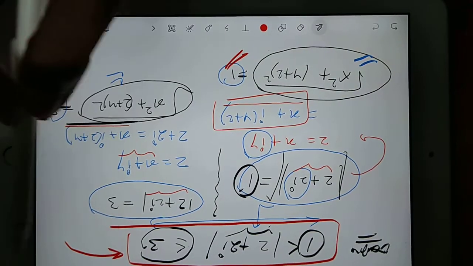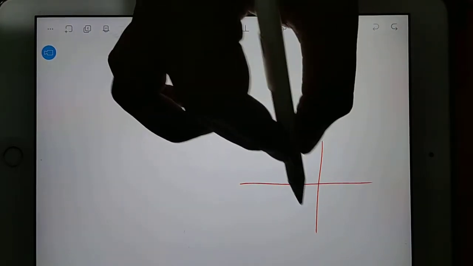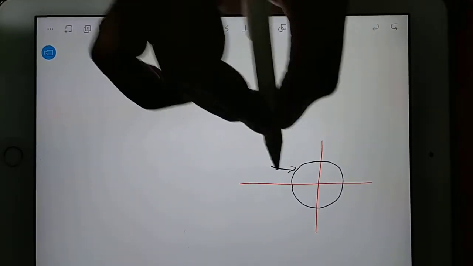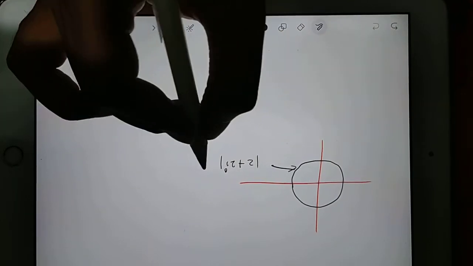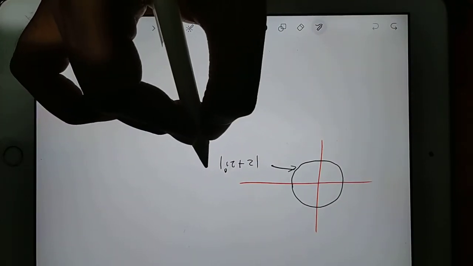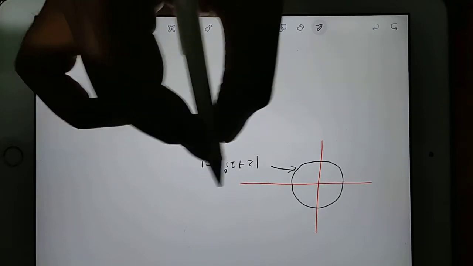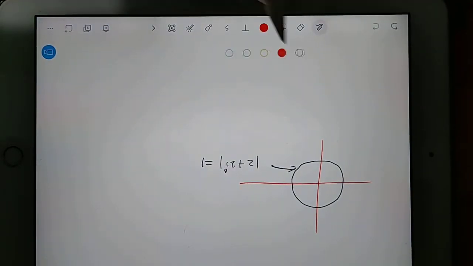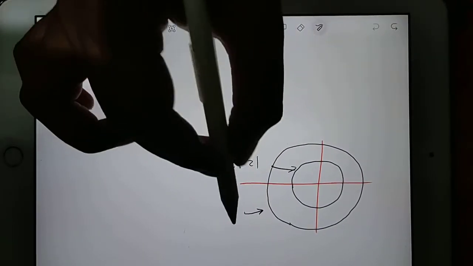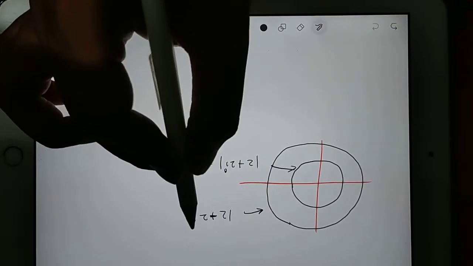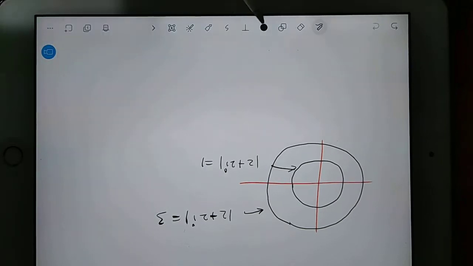You see in this zone, I'll change the page. One circle is this: mod of z plus 2i equal to 1. And I am drawing one more circle, representing mod of z plus 2i equal to 3.